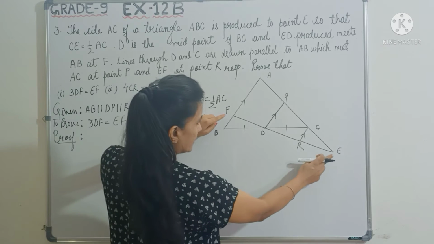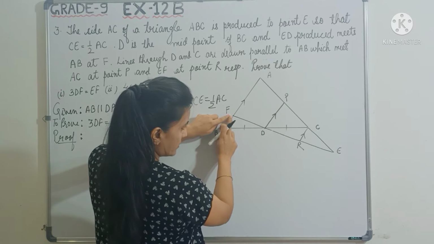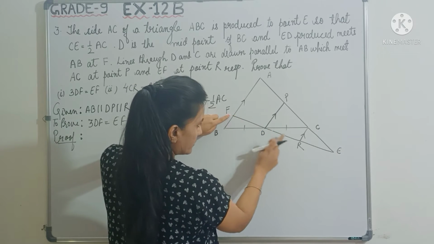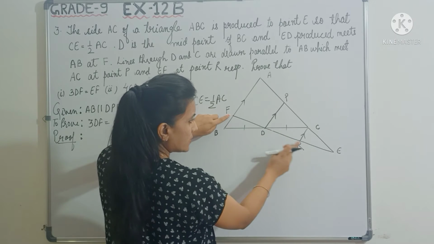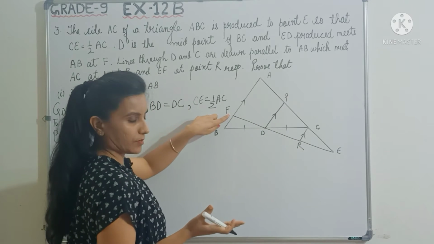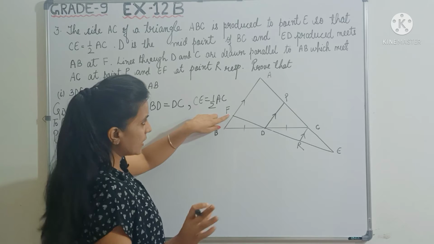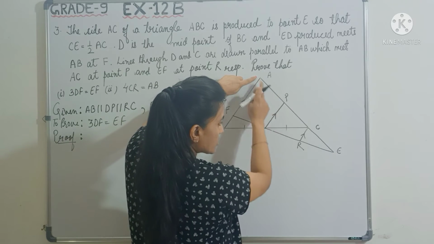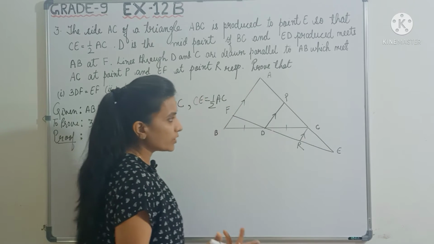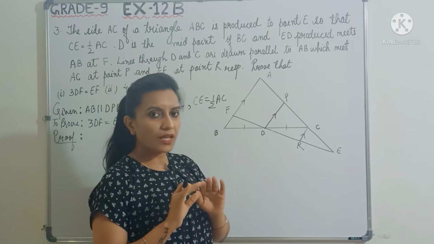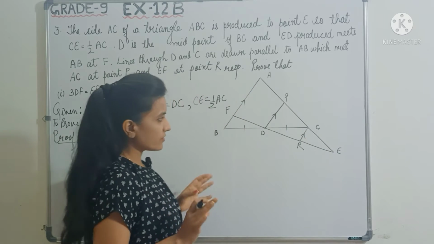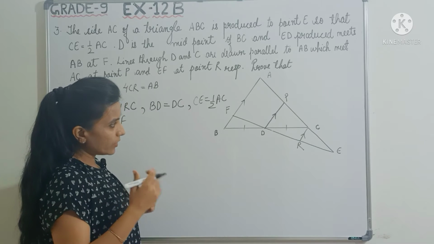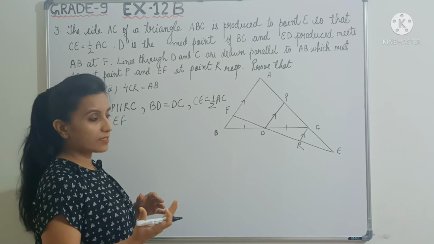And if I take EF as the transversal, this transversal is not making equal intercept. I don't have any information, right? And if I take AE as the transversal, even this transversal is not making equal intercept. So right now I can't use equal intercept theorem, right? So I have to think of something else. Now what else is given in the question?